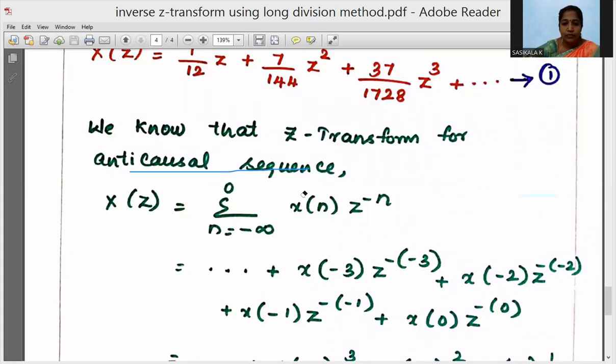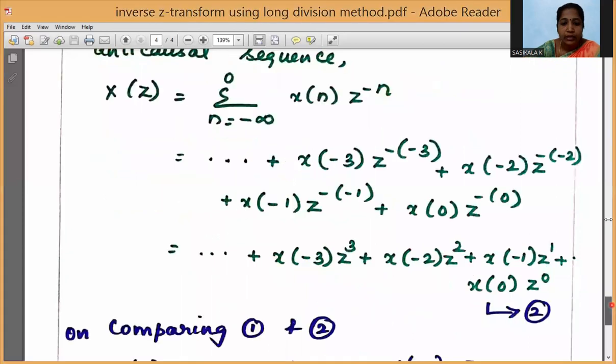Now what we have to do is substitute various values of n. So I'm going to substitute the n values, that is minus 3, minus 2, minus 1 and 0.